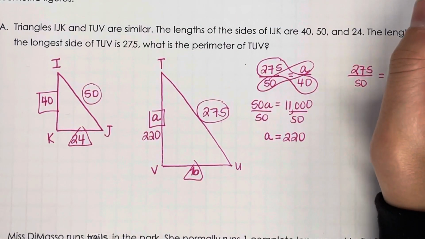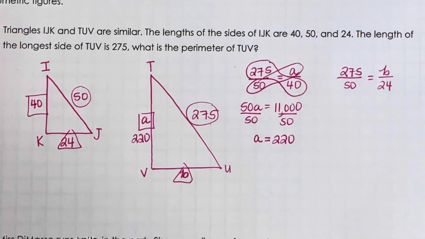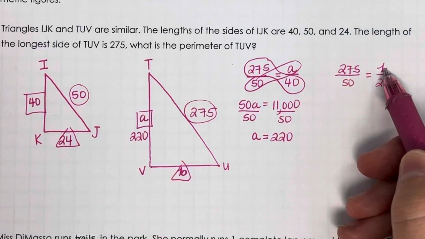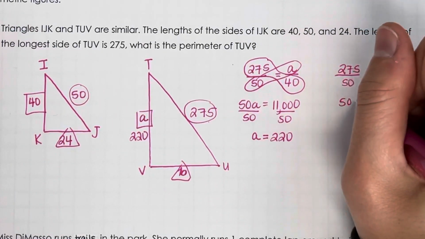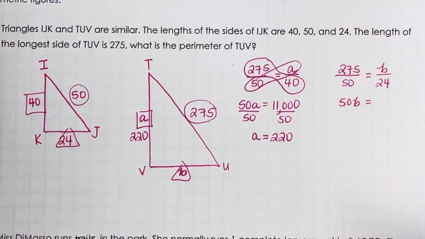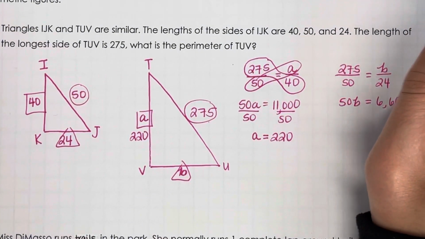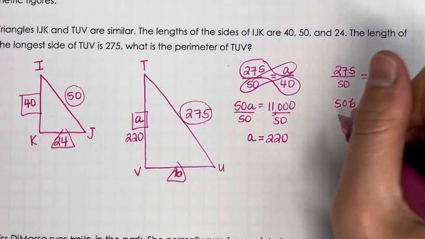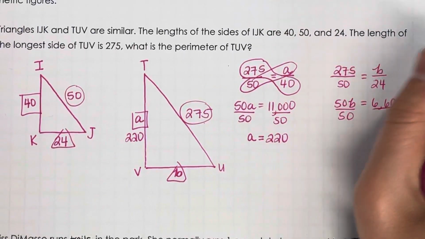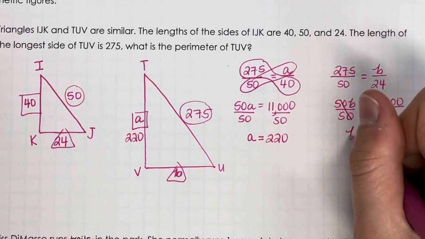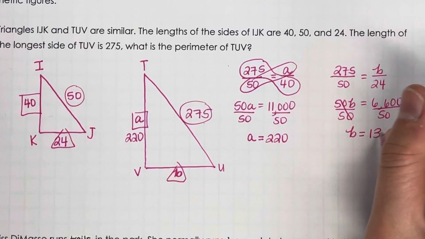So B over 24. And then again, it's a proportion, and I'm just going to solve. So 50 times B is 50B. 275 times 24 is 6,600. And I'm going to divide both sides by 50. I get that my B value is 132.